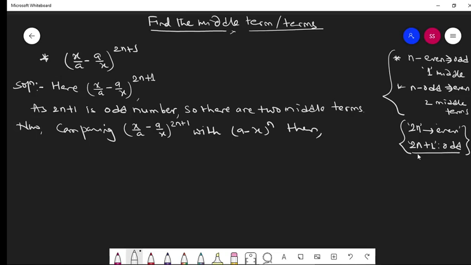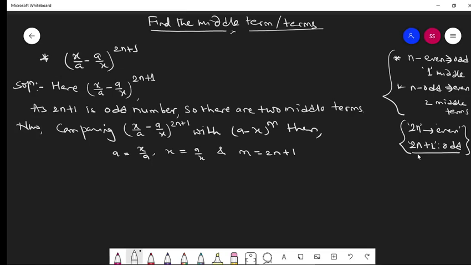Then, sorry, a is x over a and x is a by x, and I have written this as m. Let's compare, because we separated the variable. m equals 2n plus 1.